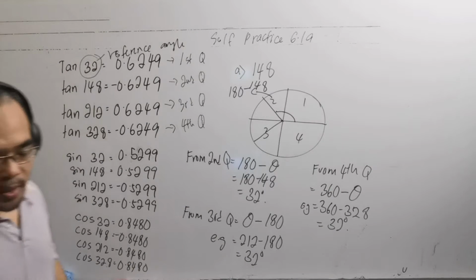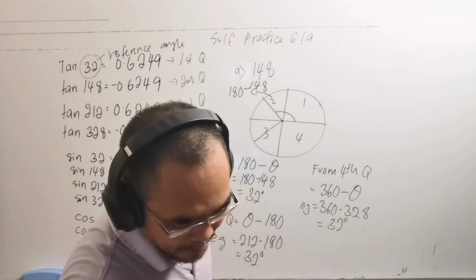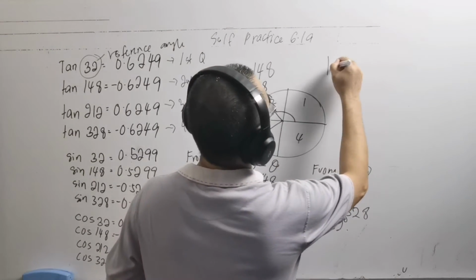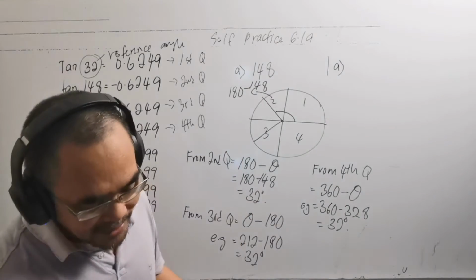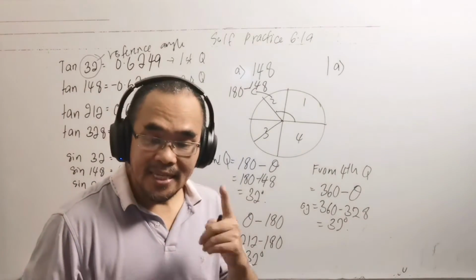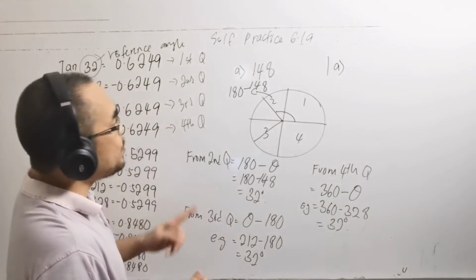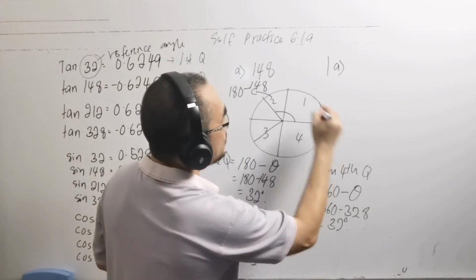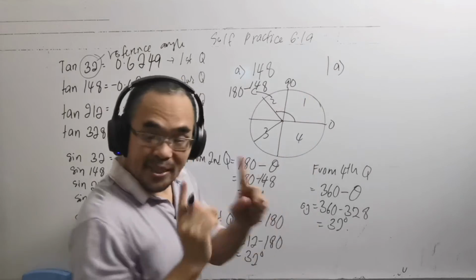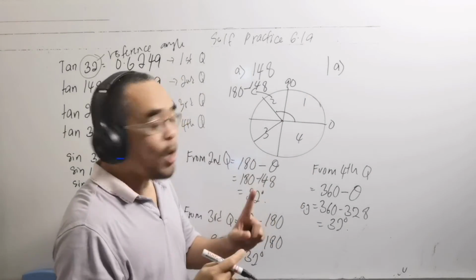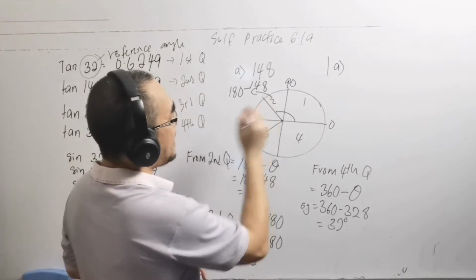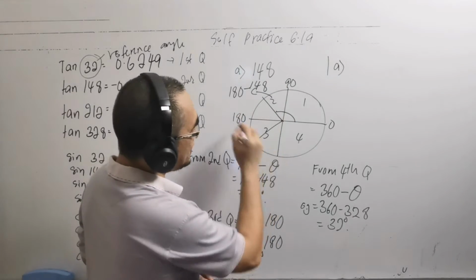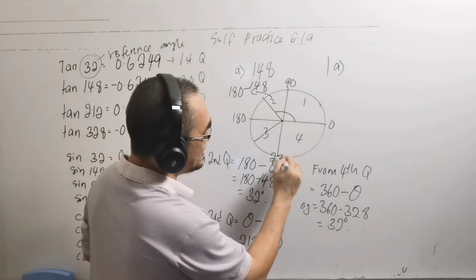Okay, so maybe I just do question 1A. 97 is an angle in the second quadrant. How do I know that it is the second quadrant? The first quadrant is between 0 and 90, not including 0 and 90. The second quadrant is between 90 and 180. The third quadrant is between 180 and 270.